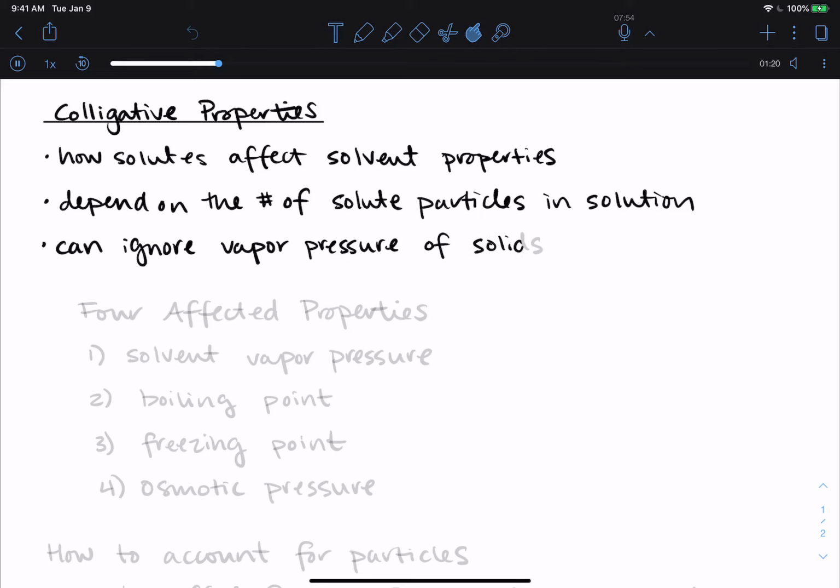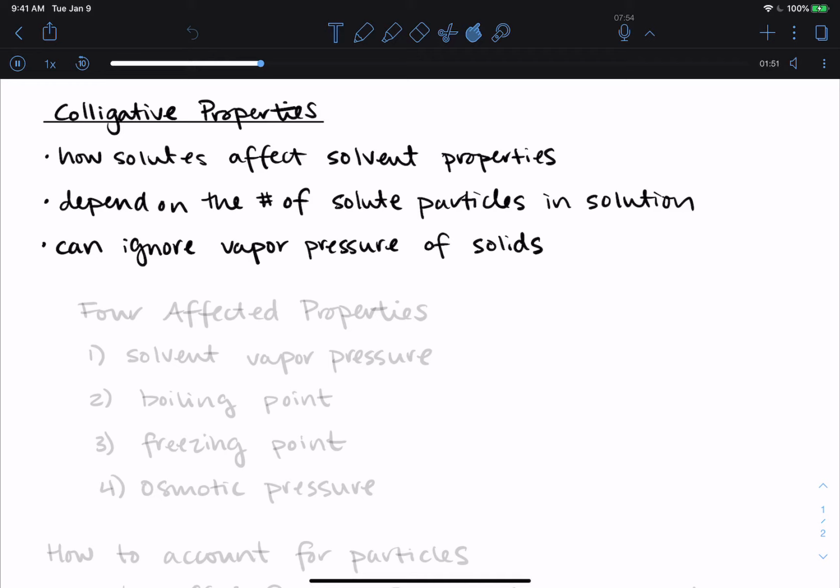And if you remember, when we were looking at phase diagrams, we had a phase boundary line between the solid and the gas. So along that line, you could look at a vapor pressure for a solid. Now, the thing is, those values are really teeny tiny in comparison to the vapor pressure of a liquid. So for all of our calculations, we are going to ignore that vapor pressure.